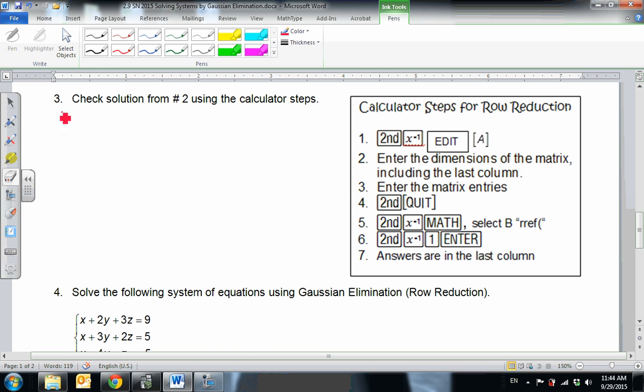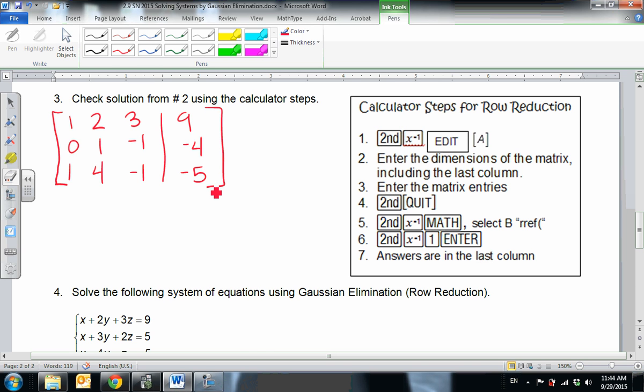So I'm going to recopy the original matrix we were given on number 2 on the back page if you want to do the same. I copied that right?